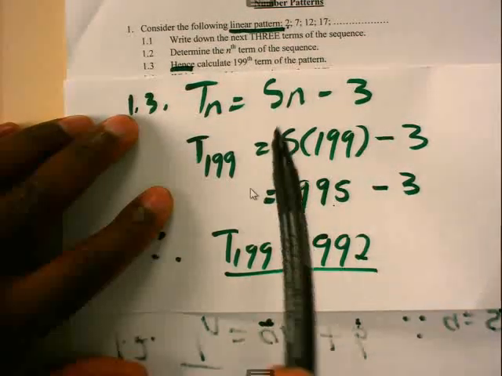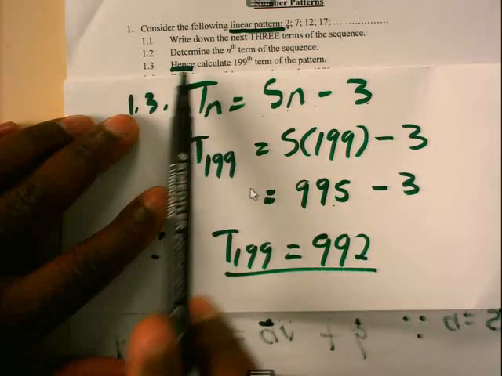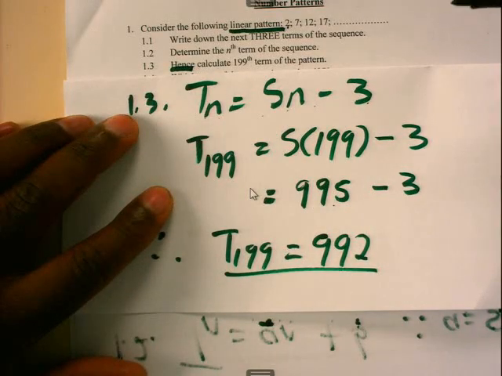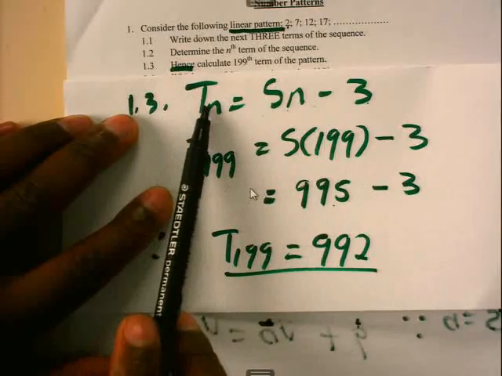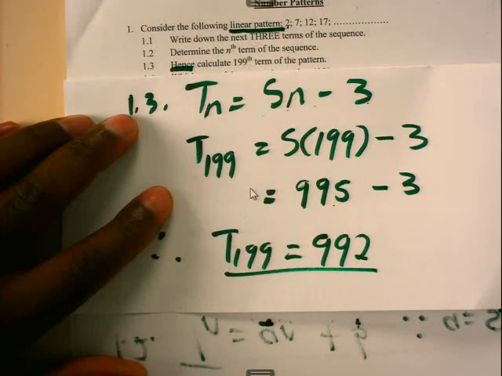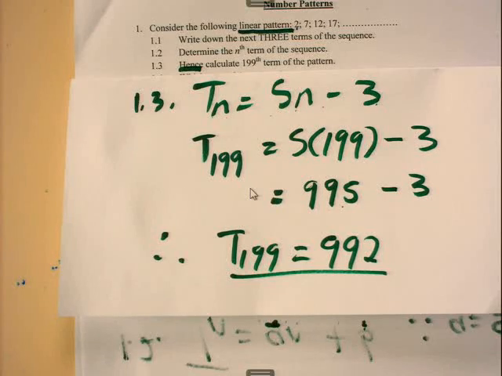The nth term was Tn is equal to 5n minus 3. The word hence means from the above solution, solve this one. Hence, we used the solution that we got in 1.2 to solve 1.3. I hope we're still going on well. We are happy with 1.3.